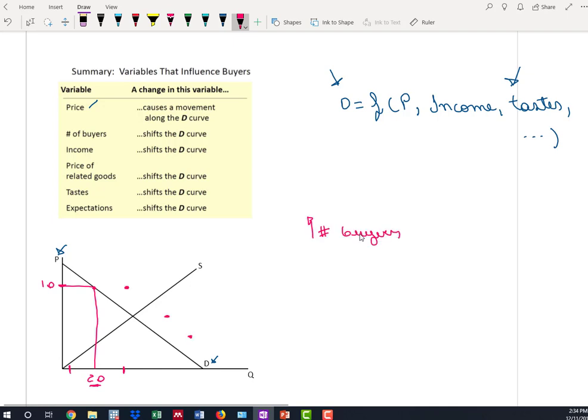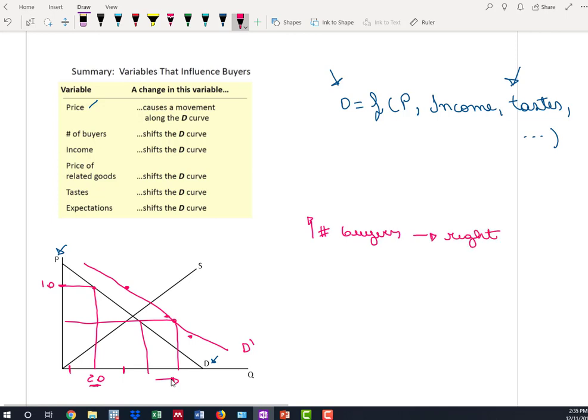If you increase the number of buyers, it's intuitive that the number of t-shirts demanded is going to go up. So here's your new demand curve. Notice, for each price, I am now consuming more t-shirts. So if you increase the number of buyers, the demand shifts to the right.